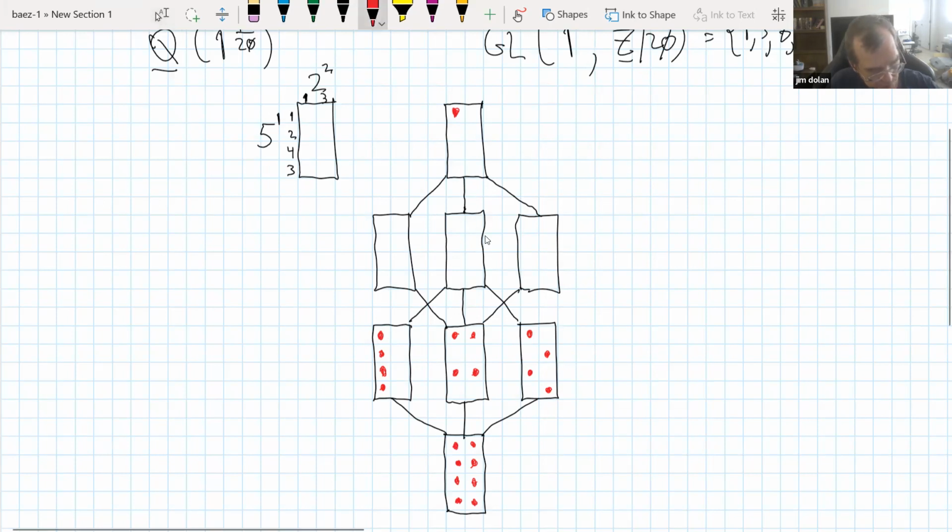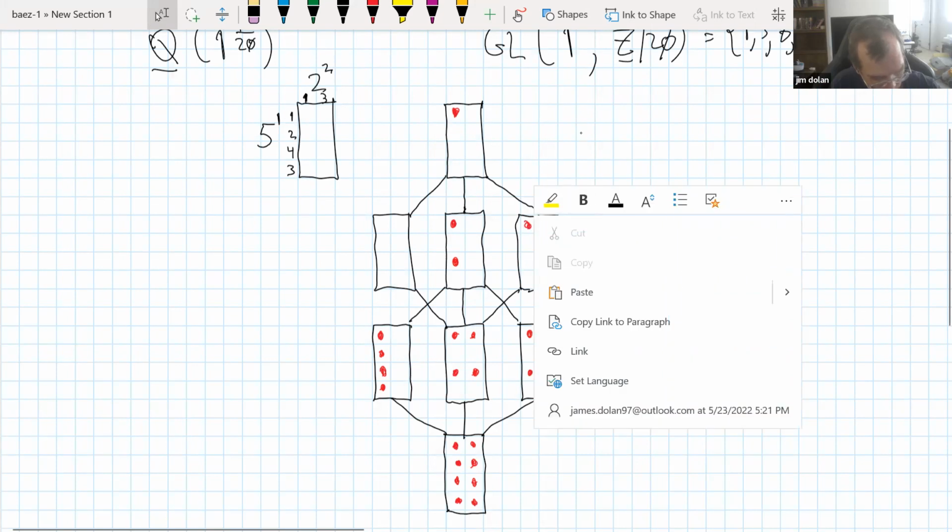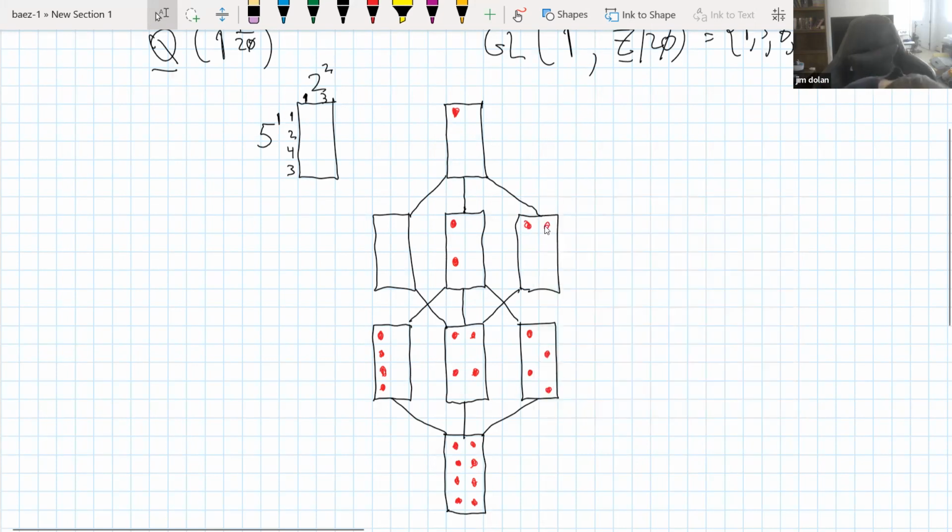So this index 4 subgroup is also very busy. It's contained in all those. Did I do that right? Yep. Okay. Whereas there are these other ones. Sorry. There's this one, and there's this one.